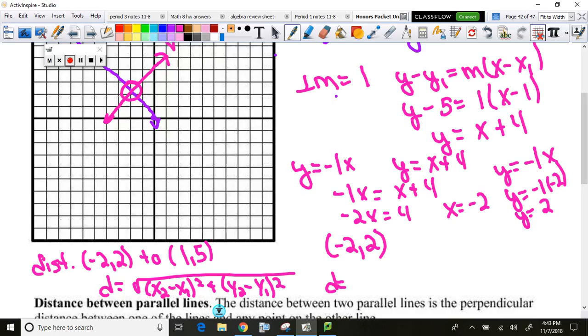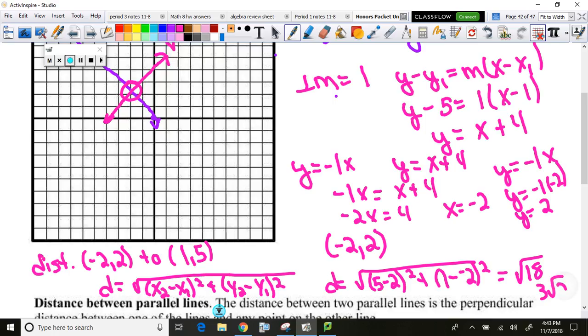The distance is equal to the square root of 5 minus 2 squared plus 1 minus -2 squared, which is 9 plus 9, radical 18 or 3 radical 2. So the distance from that line, S, to point B is 3 radical 2.